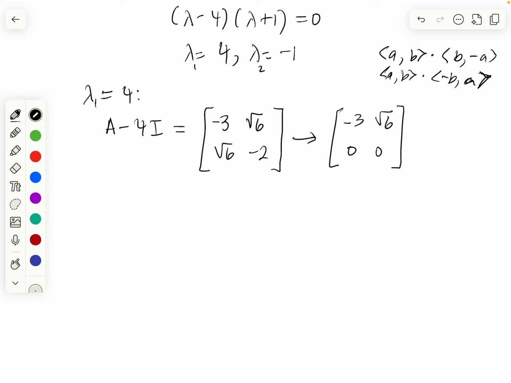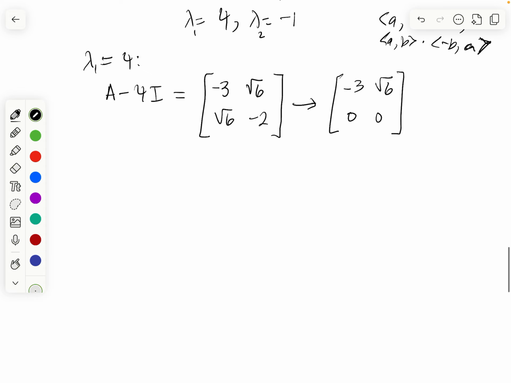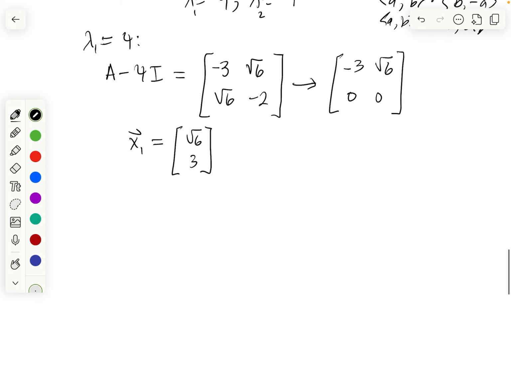You just switch the order and stick a negative sign somewhere, and that gives you a vector that's orthogonal to that vector. So we can pick x1, which is root 6 and then 3. And this is an eigenvector of A with eigenvalue 4, but it's not a unit length vector.